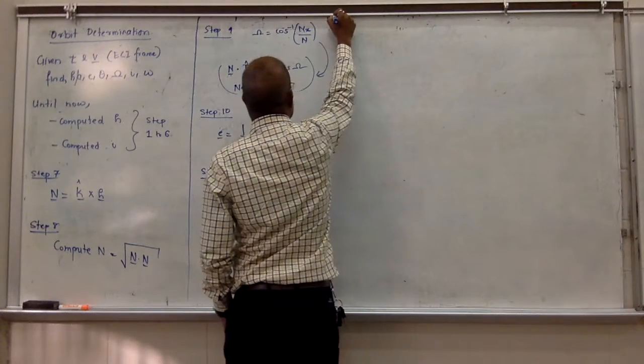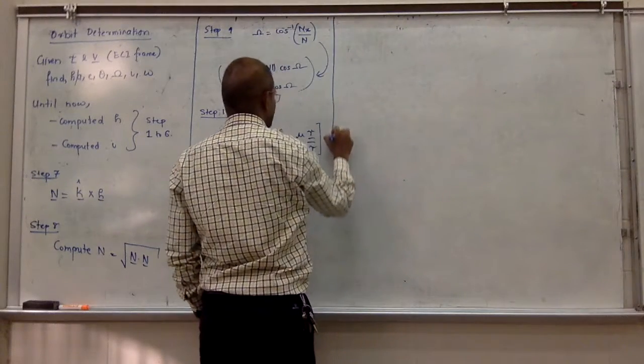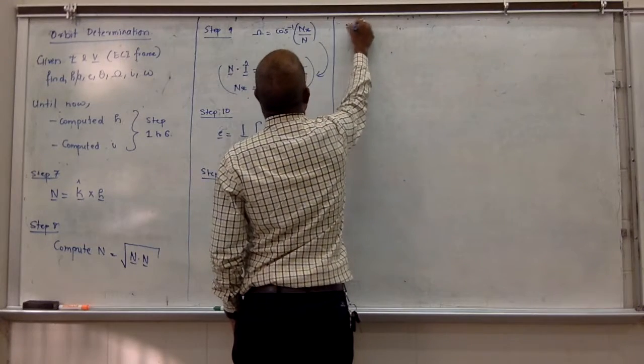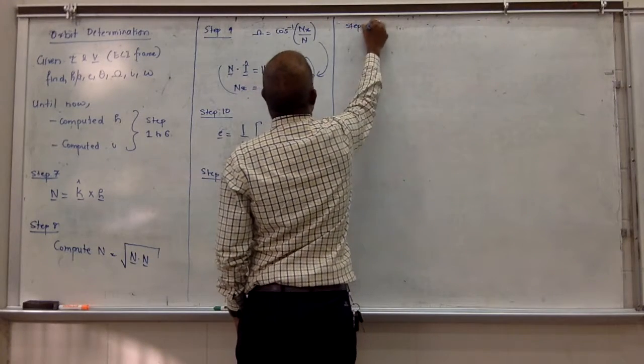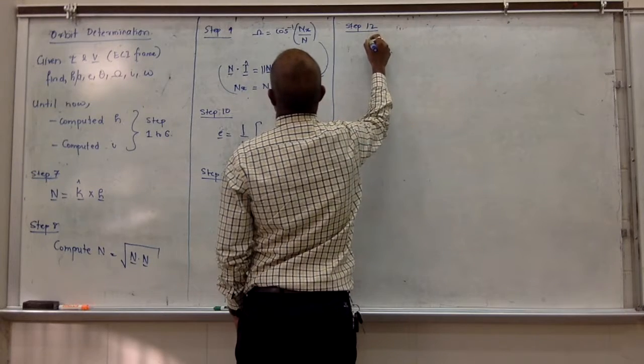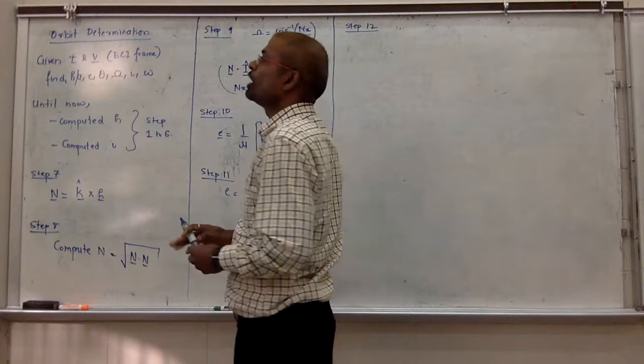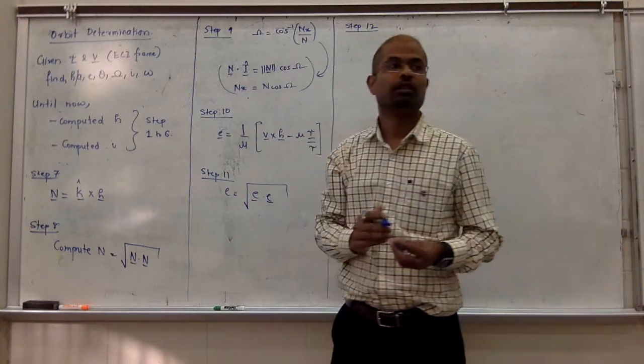Now try to tell me, how do you calculate small omega? Not the angular velocity.